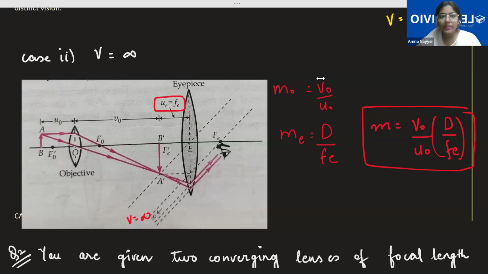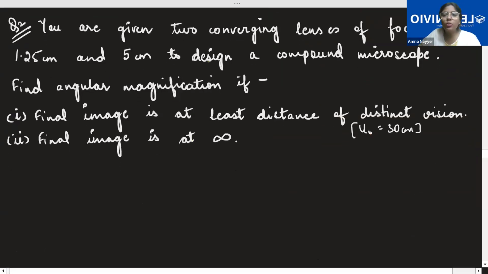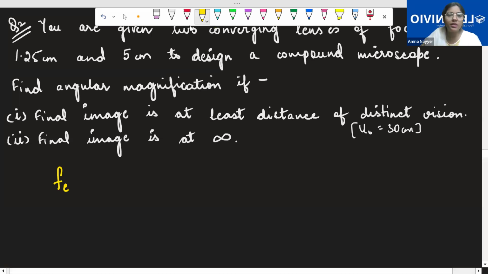Okay, if this is done, let's come to the numericals class. You are given two converging lenses of focal length 1.25 and 5 centimeter. Now it's not mentioned which is objective or eyepiece. So what did we discuss? You will have to use the concept that the eyepiece is of the greater aperture.